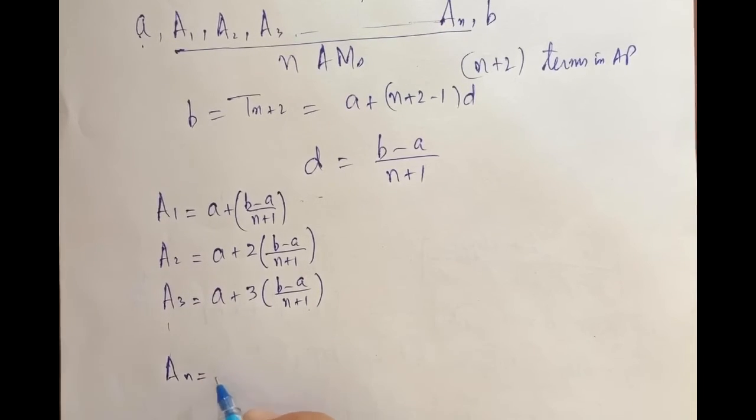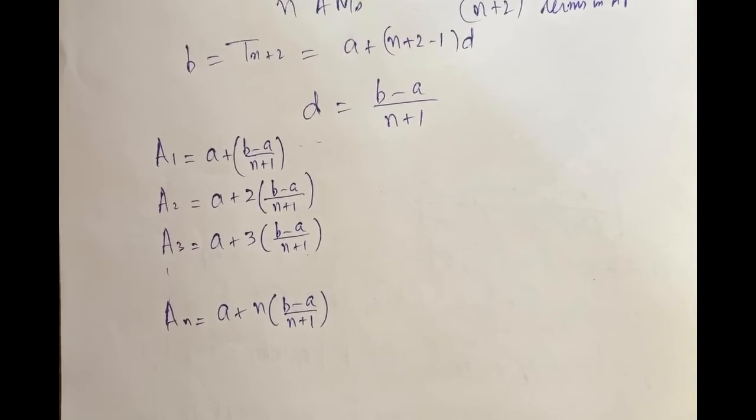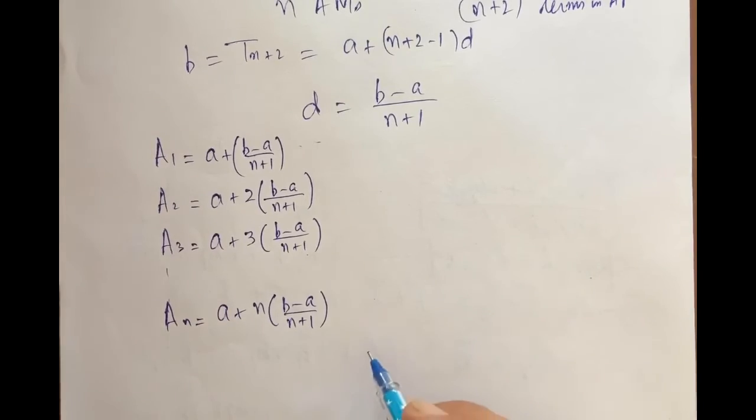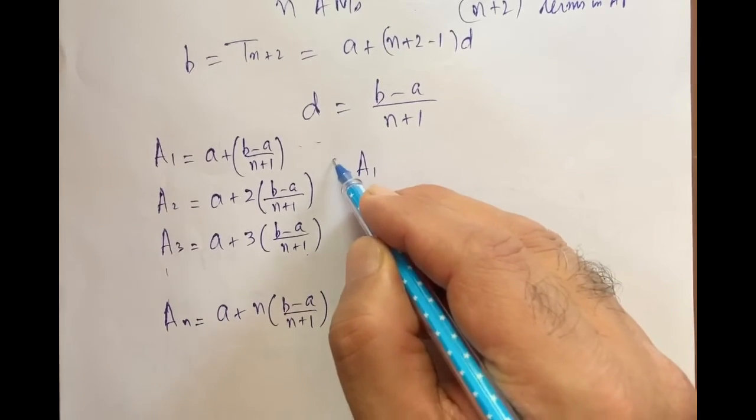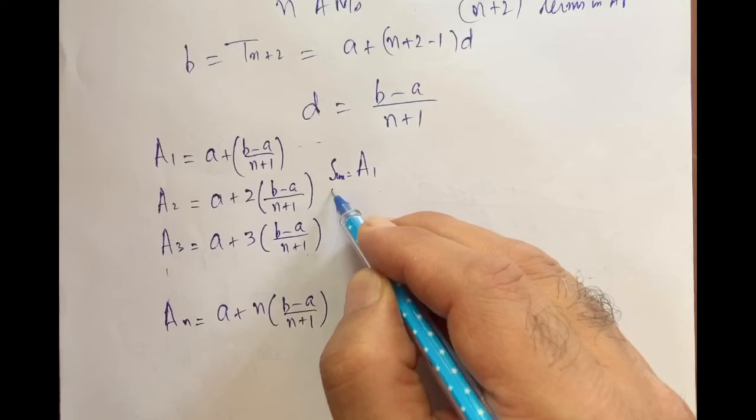The nth arithmetic mean is a plus n into (b minus a) upon n plus 1. So these are the arithmetic means. We have to find out their sum. So let's find out the sum of AMs.